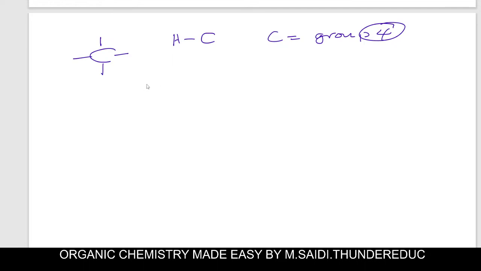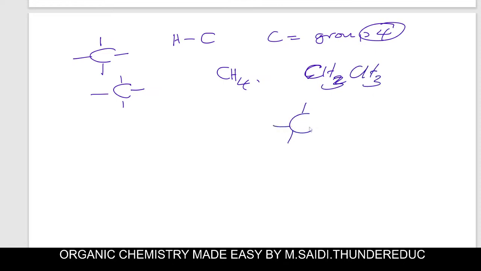For example, if you're writing methane, it's going to be CH4. So it means that there are 4. When you are writing ethane, it's going to be CH3, CH3, so that if you draw, it's going to be like that. So that 1, 2, 3, 4, 1, 2, 3, 4.